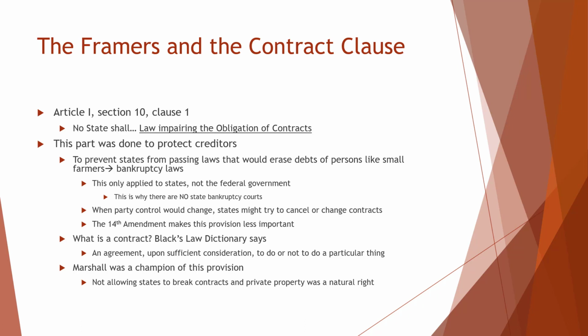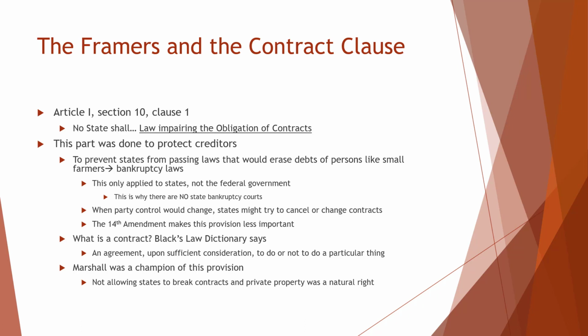Now, what this was addressing was the period of time before our current Constitution was in place, when a lot of creditors had gotten burned. The country was a lot more agrarian, with not as many people in cities. Often smaller farmers would get together and elect people to state legislatures who would sometimes try to erase debts.